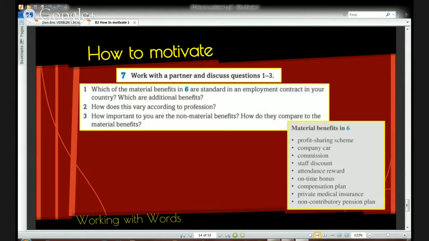Because there are many jobs in this world, but it is very difficult to find a job which makes you feel happy, and at the same time gives you enough money to maintain your life.